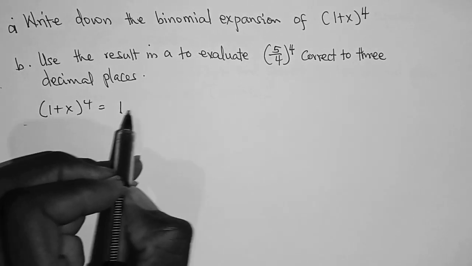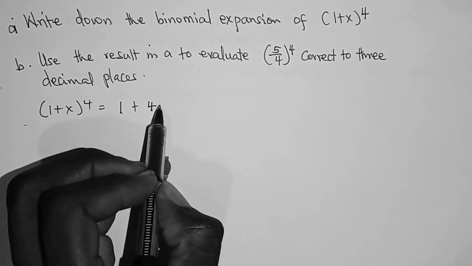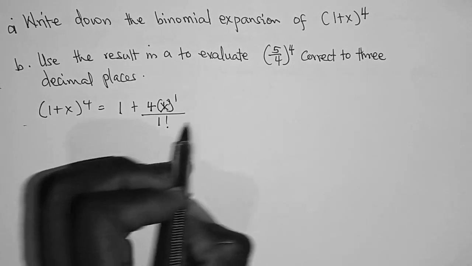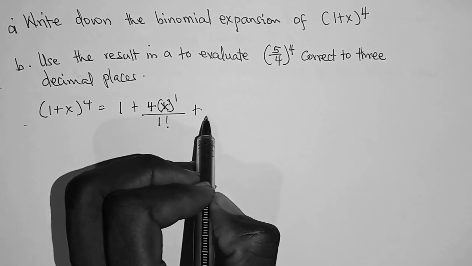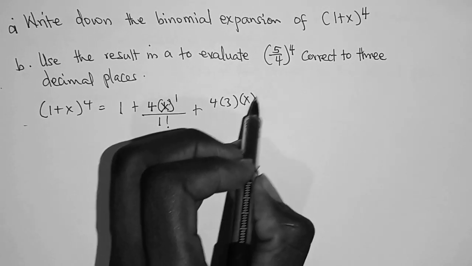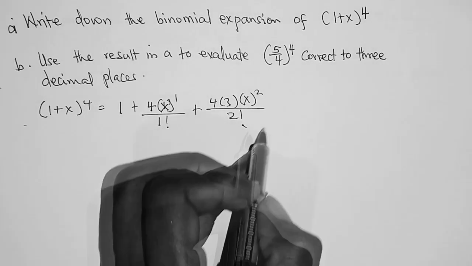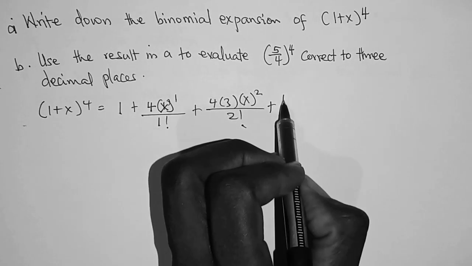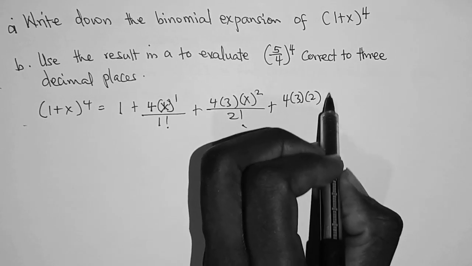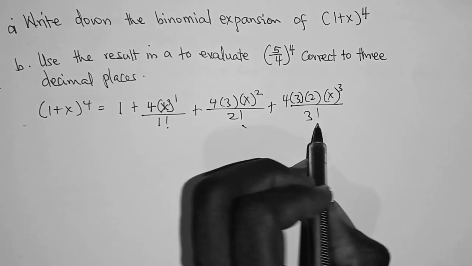So the first term is 1, plus the second term, which is 4 times x^1 divided by 1 factorial, plus the third term, which is 4 times 3 times x^2 divided by 2 factorial. And then the next term is 4 times 3 times 2 times x^3 divided by 3 factorial.